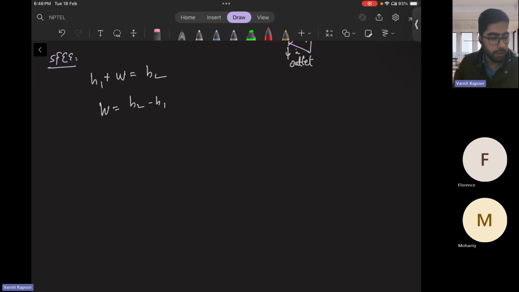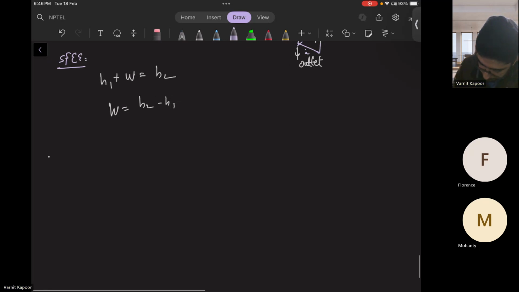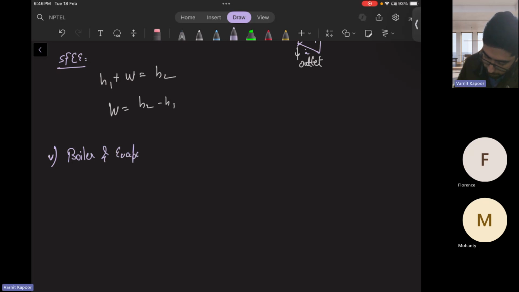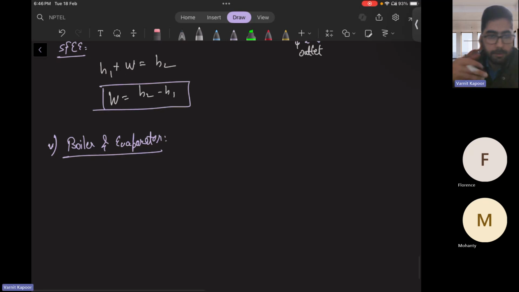Okay. Now coming to boiler and evaporator. The next device is the fifth device. So again, it's a mechanical device in which heat is absorbed at constant pressure by the working fluid. And both are heat exchangers only.